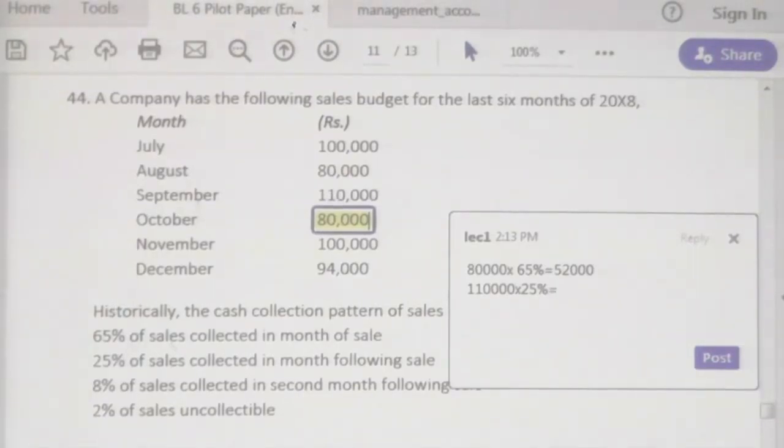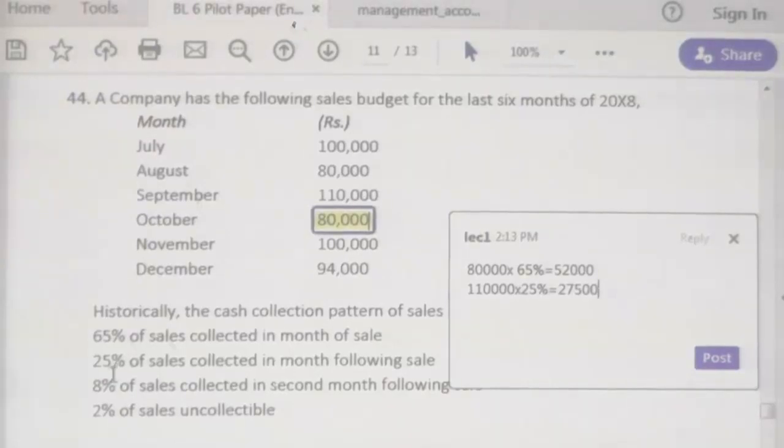Then 110,000, 25%, that is 27,500 can be collected in October relating to September.